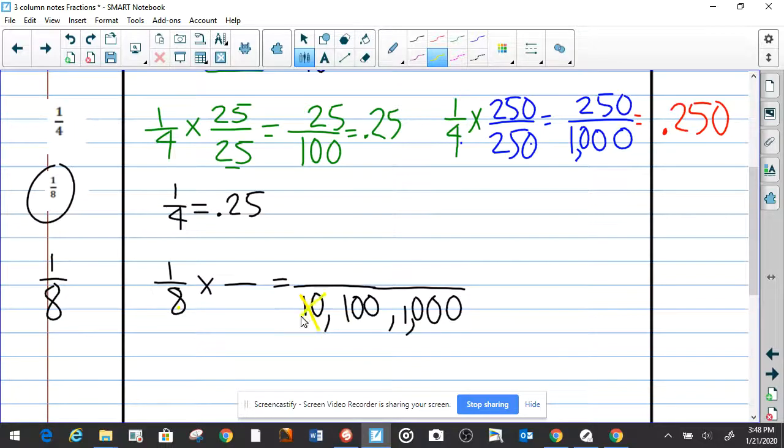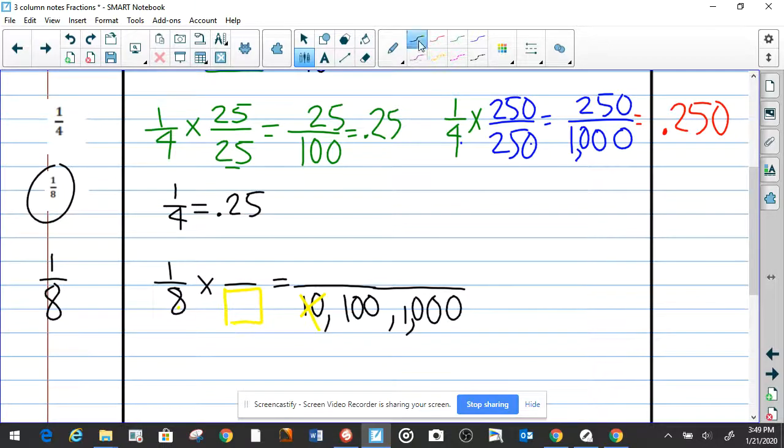Nope, that will not work. Can I find a number that I can multiply 8 times to make it equal 100? I don't think there is one, because 8 times 10 equals 80, and 8 times 12 is 96. So that will not work.